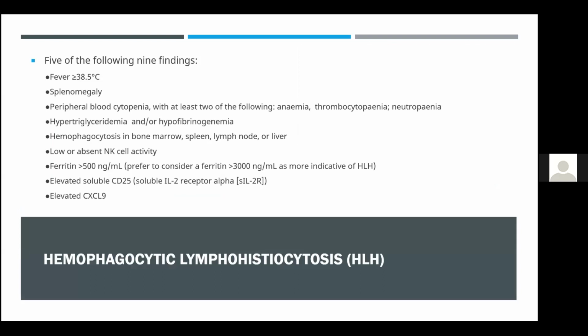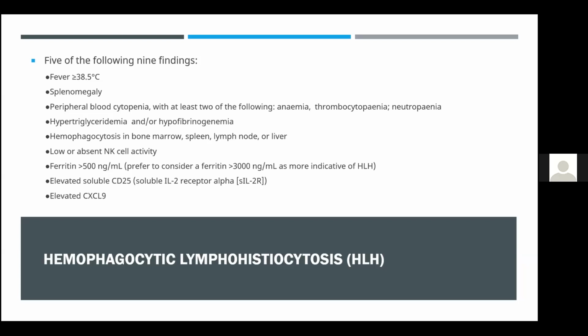Just to remind us of the diagnostic criteria, it's 5 of the following. We don't always test for some of these things, but you want the fever, often splenomegaly, peripheral blood cytopenia with at least 2 of anemia, thrombocytopenia, and neutropenia. And then they classically have high triglycerides and a very, very high ferritin, usually more than 3,000.